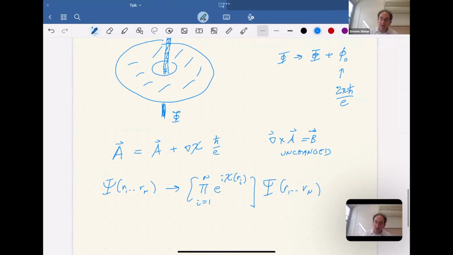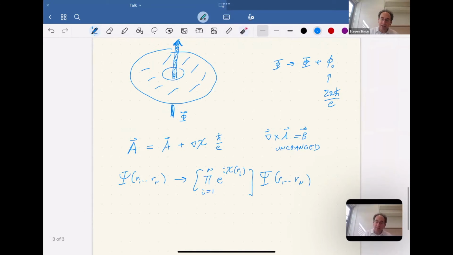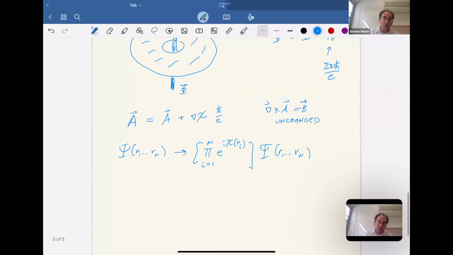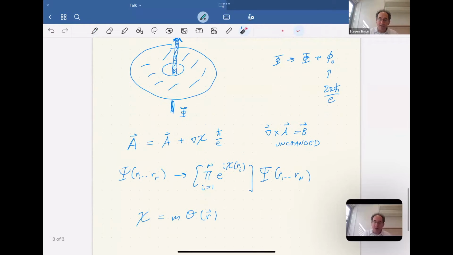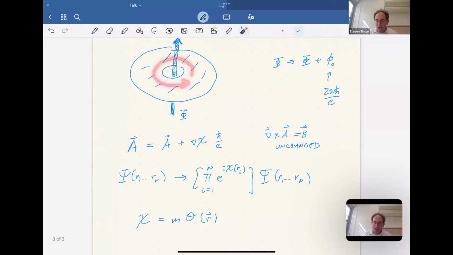Now, the key here is if I have a non-simply connected geometry like this one here, where there's a hole cut in the middle, I can choose a gauge change function chi which is m times theta, theta being the angle around the center. This looks like a non-single valued function, because if you go all the way around the center, you get back to 2 pi, not where you started.